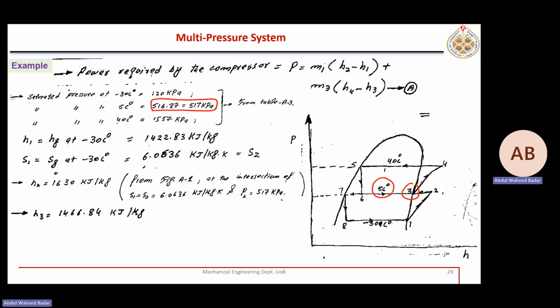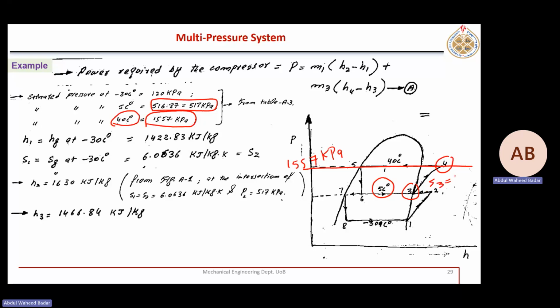Okay, point 4. Same procedure. Point 4 pressure is this one, which is already here, 1557 kilopascal. And what is the second line? Entropy.